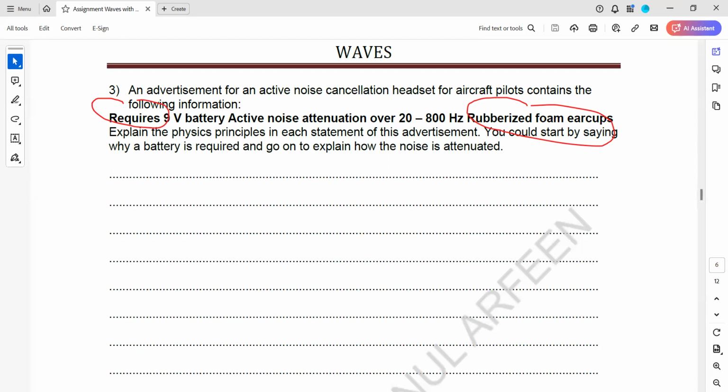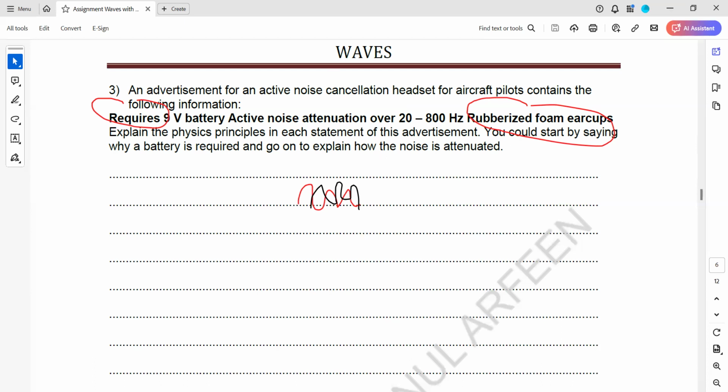And then the active noise attenuation, what will happen? First, it will pick up the noise from the microphone, and then it produces a wave in the opposite direction, or anti-phase, and this anti-phase wave will cancel out or minimize the noise.